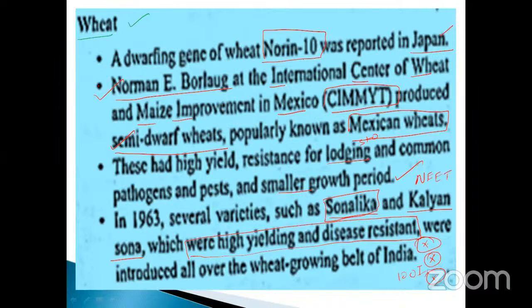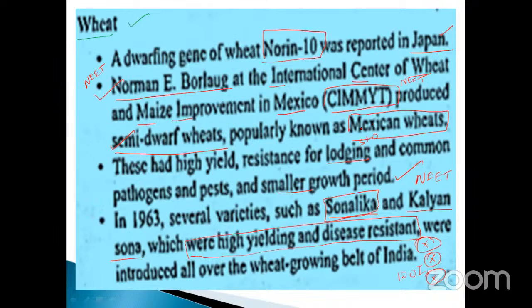So he is also of the World Green Revolution, Norman E. Borlaug. This is a NEET question. Sometimes they may ask the question about CIMMYT, the expansion. Sometimes they may ask: Norin 10 is also called which one? Mexican wheat, the Mexican wheat variety.